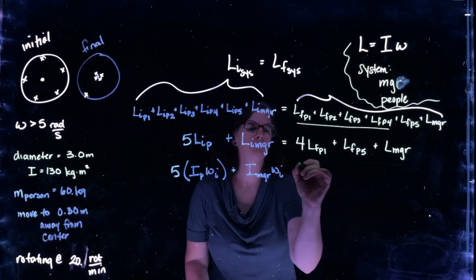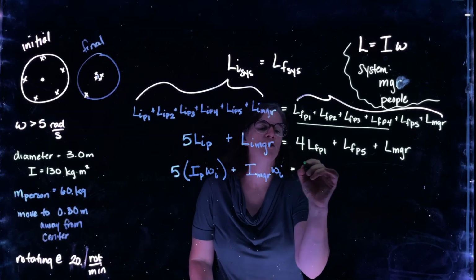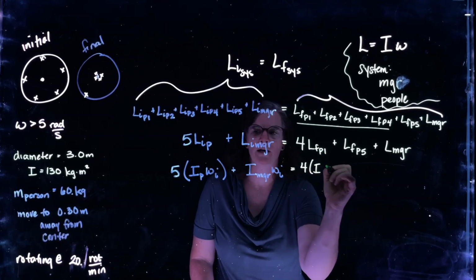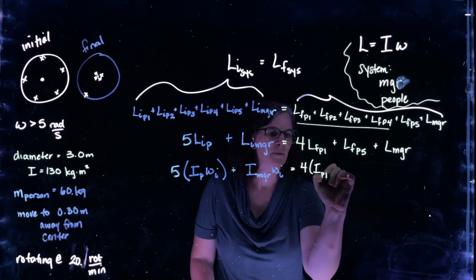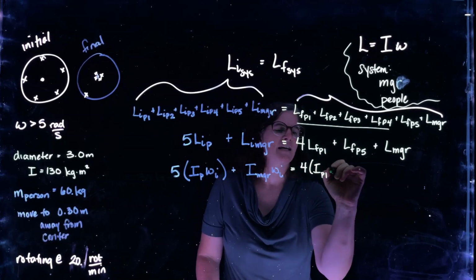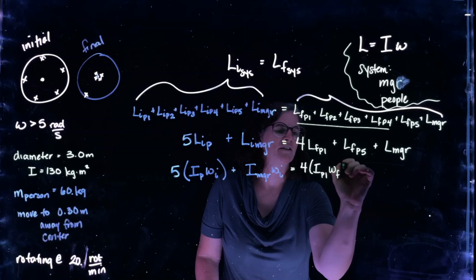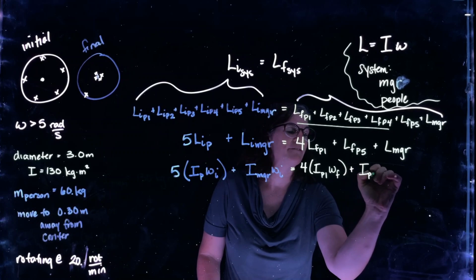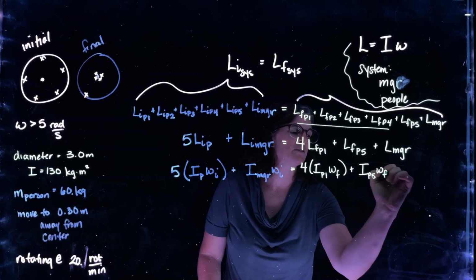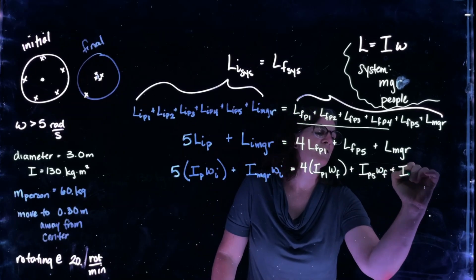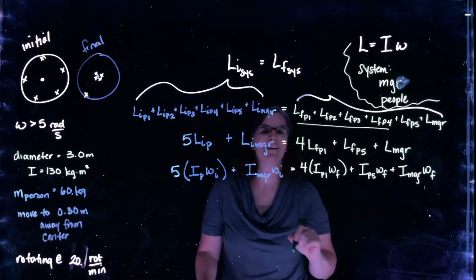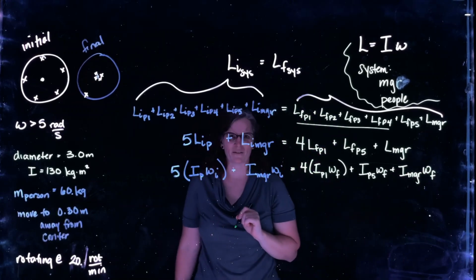Similarly, in the final condition, we have 4 times the moment of inertia, I'm going to say of P1, times the final angular speed, plus the moment of inertia of P5 times the final angular speed, plus the moment of inertia of the merry-go-round times the final angular speed of the system.